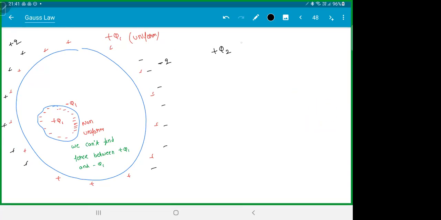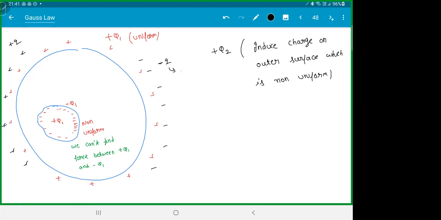So this Q2 guy will induce charges on the outer surface, which is non-uniform. So the outer surface will have two distributions, a uniform distribution and a non-uniform distribution. Overall, it becomes non-uniform.